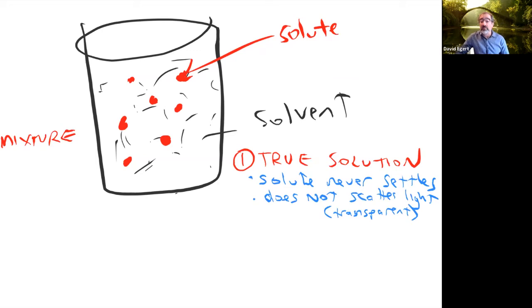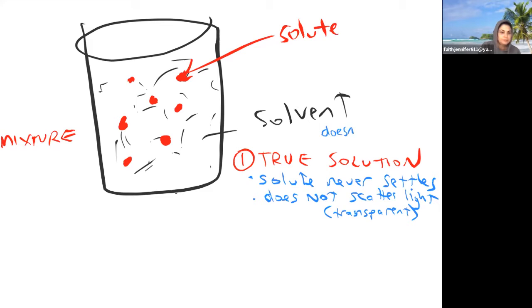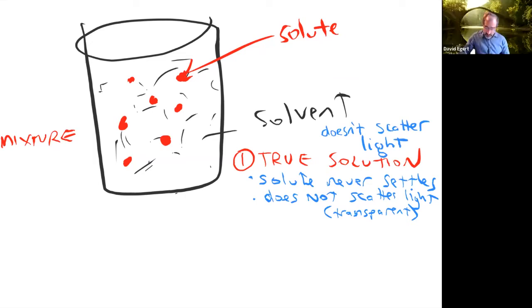It might have a color, but then it looks like colored glass. I'm sorry, what did you say? It does not scatter what? Because it's kind of cut off on the side. Light. Okay. So it does not scatter light.